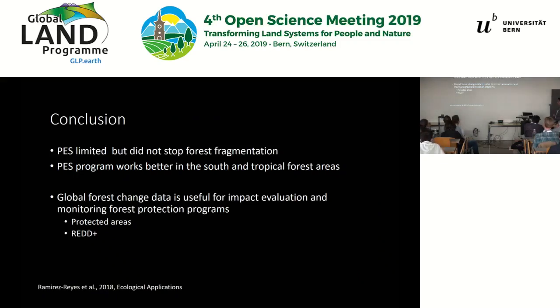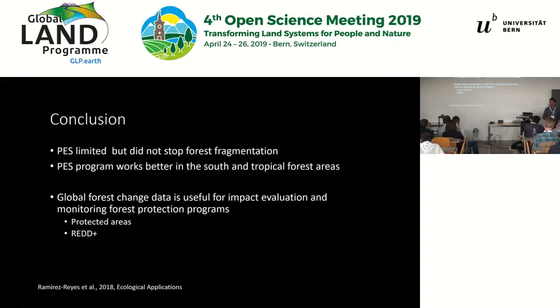But in conclusion, we found that the PES limited, however didn't stop, forest fragmentation. And the program actually works better in the south. So our suggestion is for the program managers to target those areas. People in the north, despite the program, are not touching much of the forest.